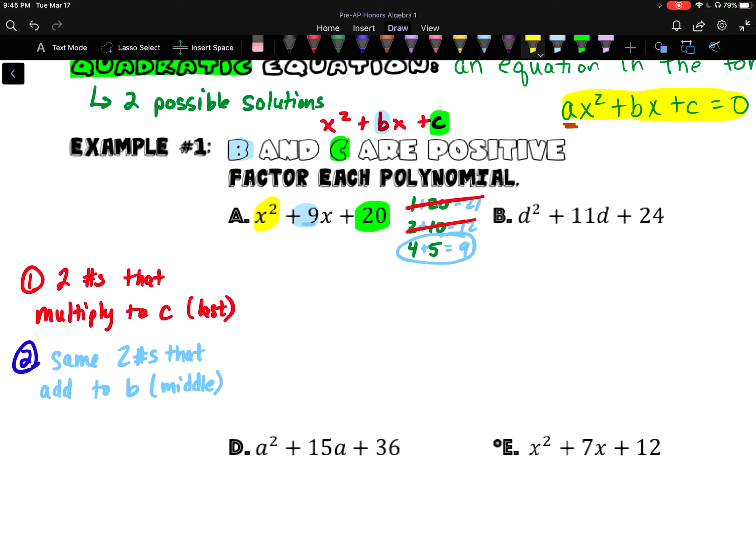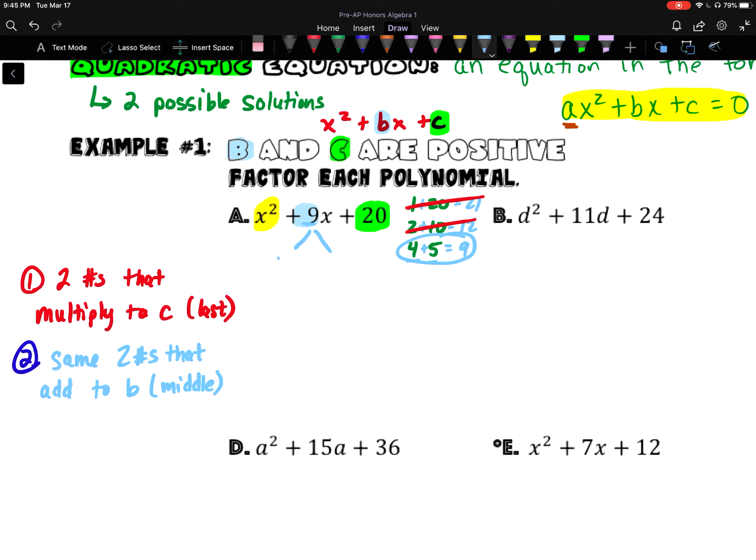Now, the only way to get to multiply to x squared is x times x. So I'm going to have two sets of parentheses here. And what I'm looking for is two numbers that multiply to 20 and add to 9. Those are 4 and 5. Actually, I'm going to get rid of these parentheses real quick, because this 9x can be rewritten as these two factors.